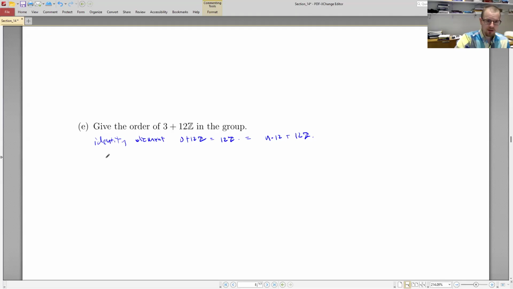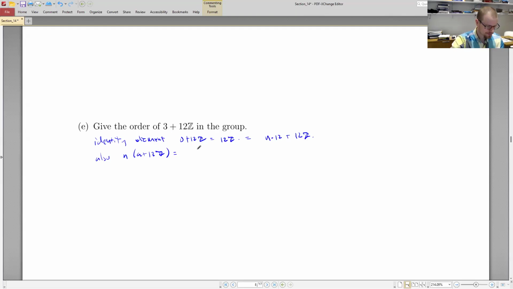I also want to notice n times a plus 12z. We haven't really talked about notation here, at least not a lot. So when addition is our operation, repeated addition is represented by multiplication. So a plus 12z plus a plus 12z plus a plus 12z, repeated 3 times, gives 3 times that quantity.